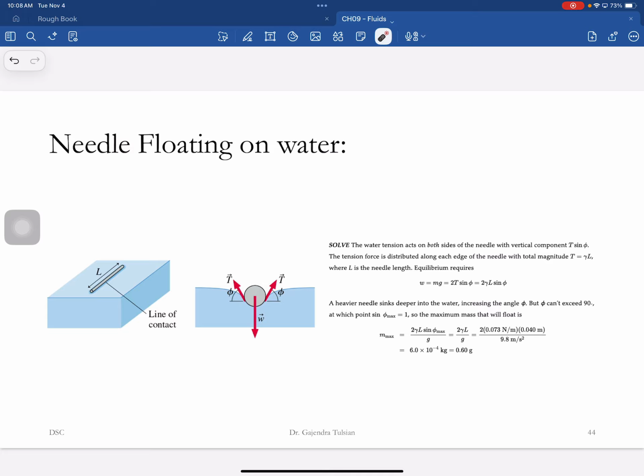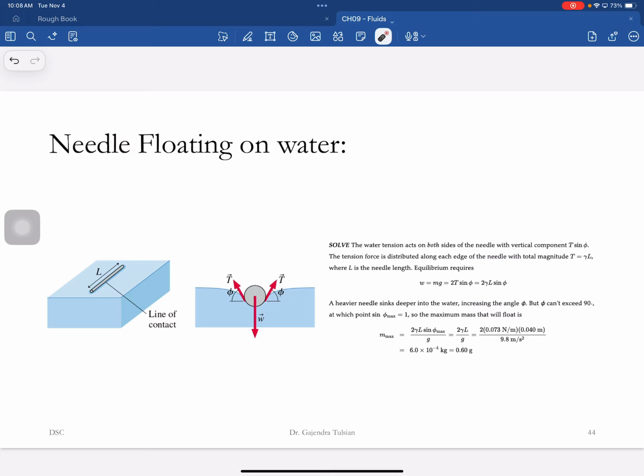The surface of the water bends like that, and the tension in the water, the surface tension, is holding up the needle. There's the weight of the needle. So these two forces are holding up the needle. And what this problem shows you is that the surface will break and the needle will sink if this angle becomes 90 degrees.